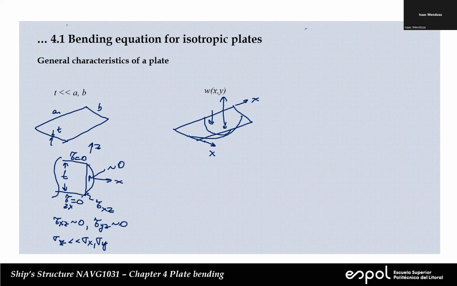And you can see immediately that in this direction, it's going to be the change of W in the X, I'm sorry, this is Y. This is going to be dW dx. But also, you could calculate this slope, and this is going to be partial in the Y direction.